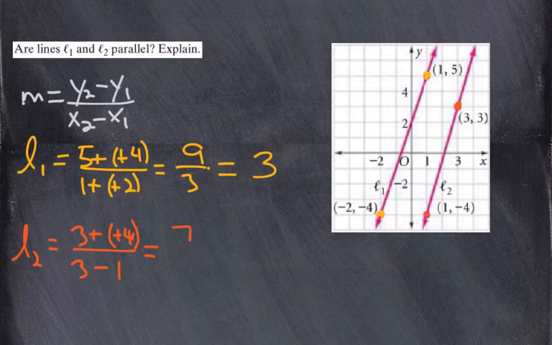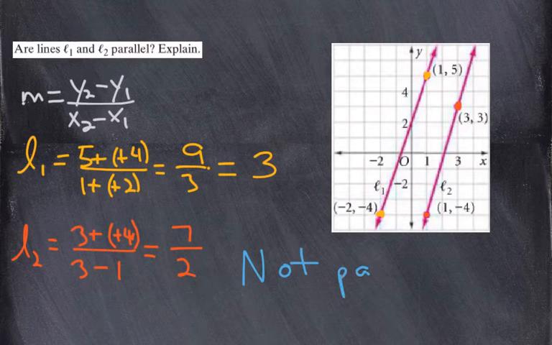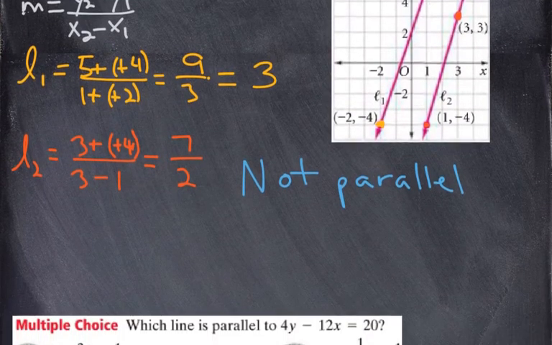We get 7 over 2, which these are not the same. So therefore we would say not parallel. Okay, so again, they have to have the same exact slope in order for them to be parallel. They somewhat look parallel, but we have to go through the proof to show for sure if they are or are not.